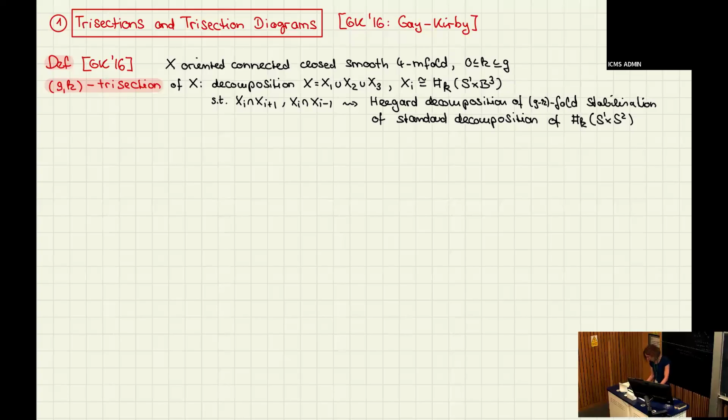So if one describes it in terms of a Heegaard diagram, it looks roughly like this. Here one has k times this situation.